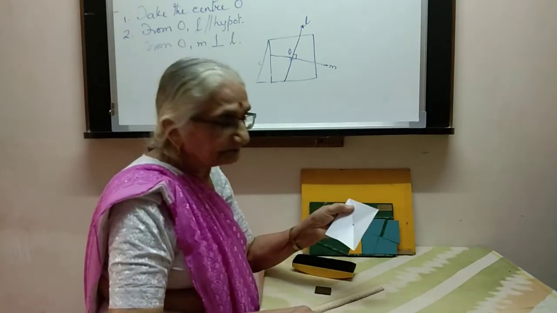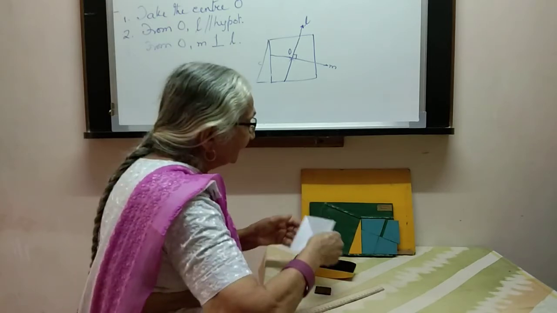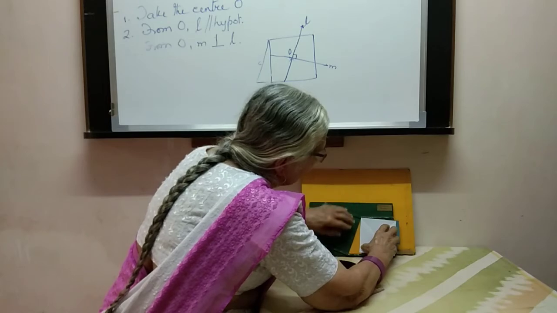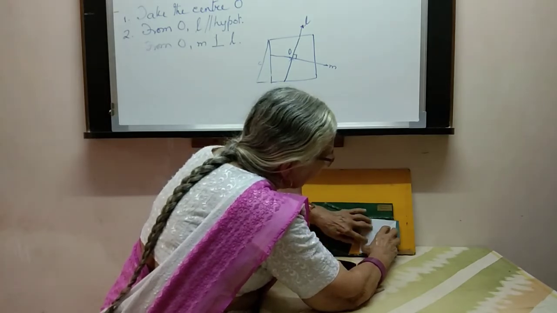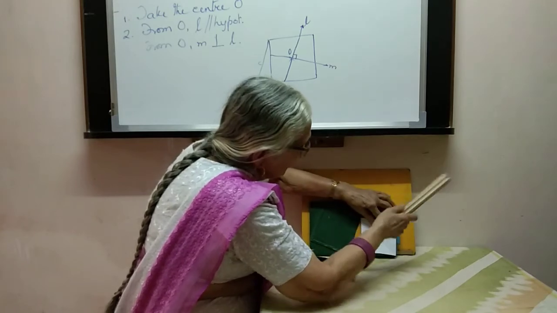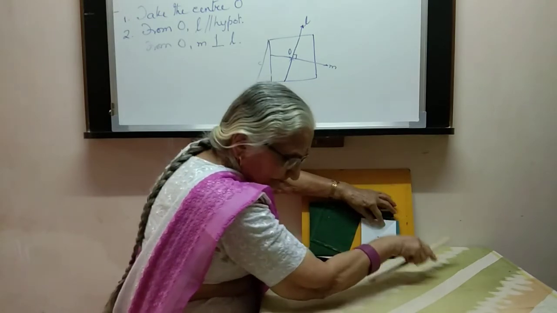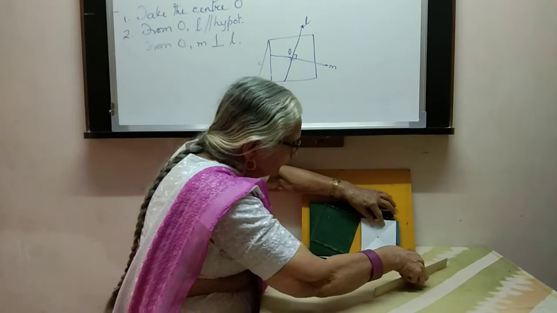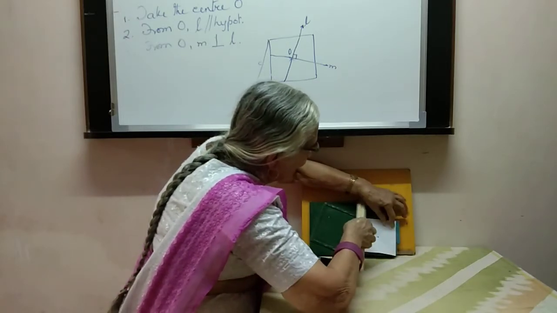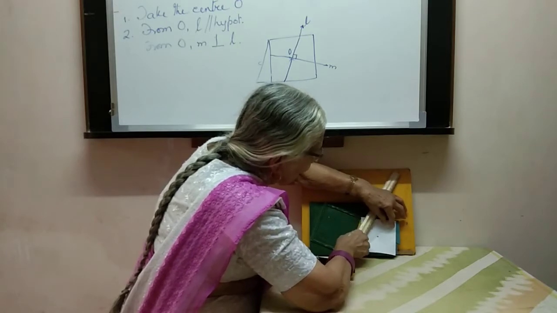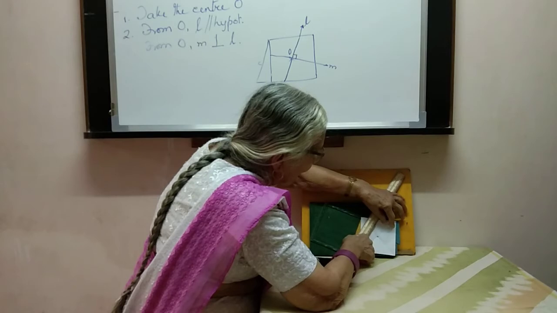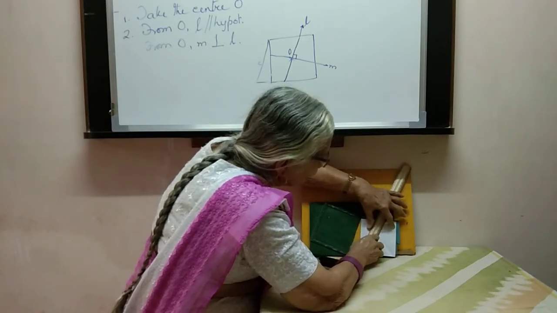Here is the center. Now, we take a line from the center. We take a line which is parallel to the hypotenuse. Now here is the hypotenuse. Okay, there you go. Here's the hypotenuse, and we take it parallel to the hypotenuse.